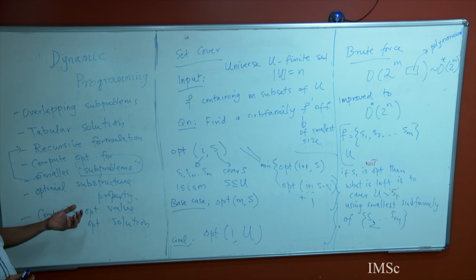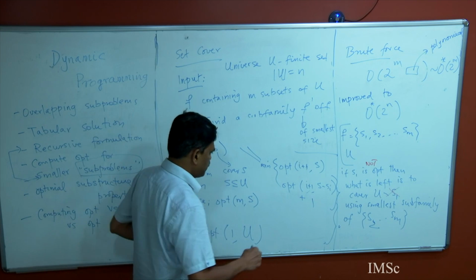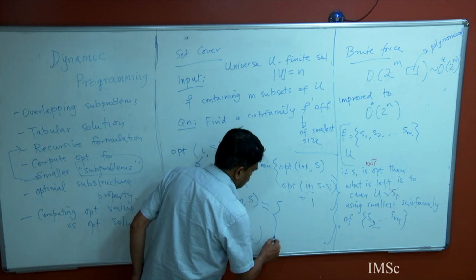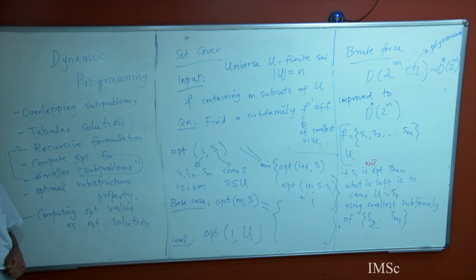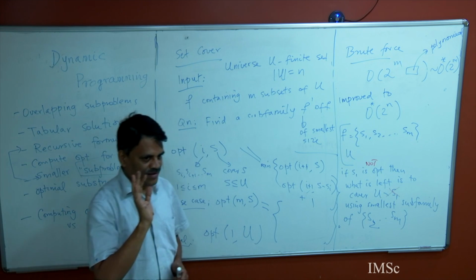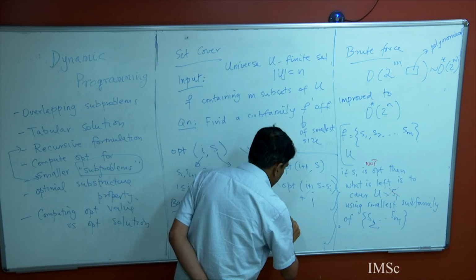What is it saying? That I want to cover S using only Sm. If S is a subset of Sm, meaning the members are contained in Sm, then one set is enough.